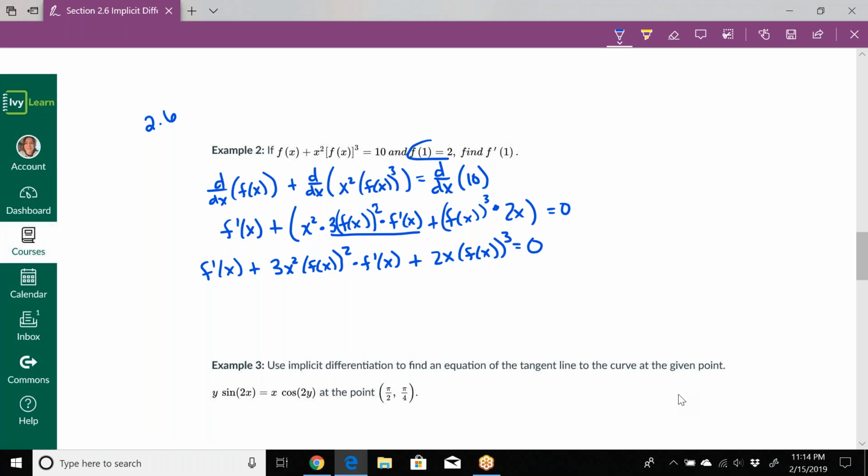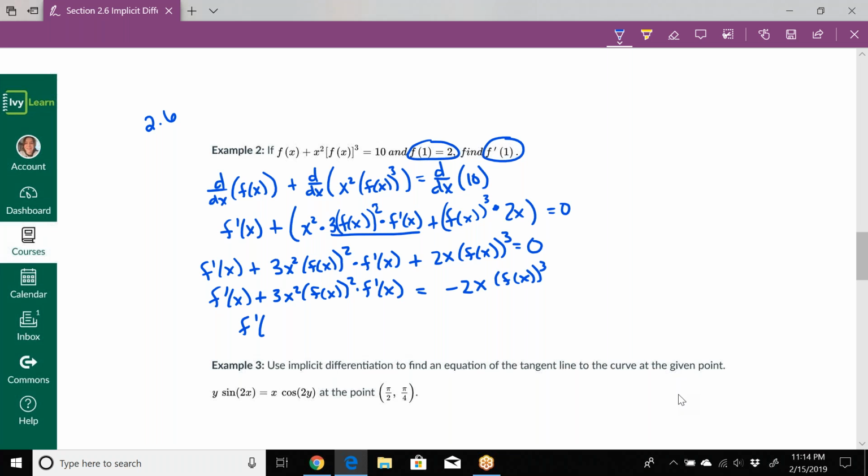They told us that f of 1 is 2 and f prime of 1 is what I'm solving for. So if I wanted to, I would probably move this over since it does not have an f prime. That would make that negative 2x f of x cubed.